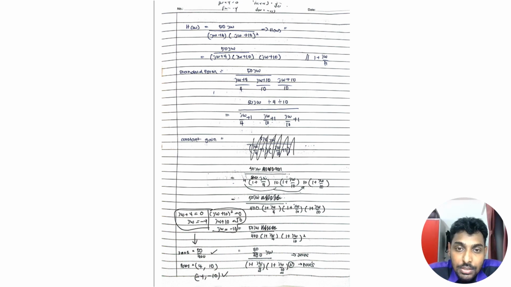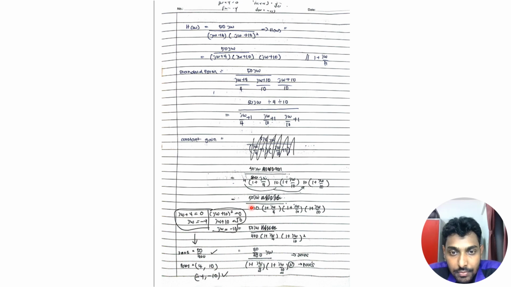So the new equation will be like this: 50 jω divided by 4, times 1 plus jω divided by 4, times 10, 1 plus jω divided by 10, times 10, 1 plus jω divided by 10. The numbers outside the brackets will be multiplied, and the value will be 400.